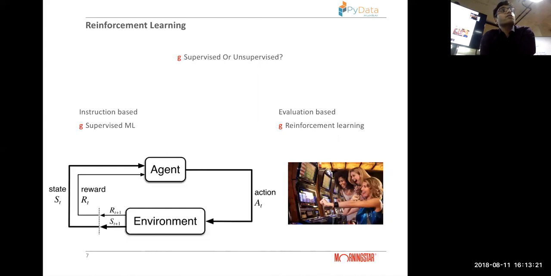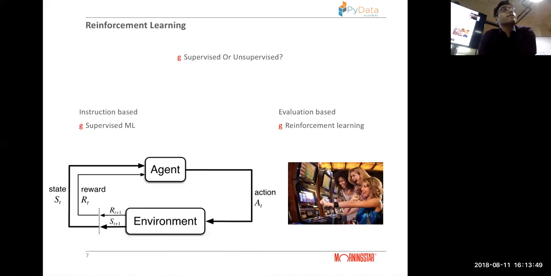In the environment, what she can see, what is observable, is that she can only look at the pattern that is coming on the slot machine, and on the action side, she can only pull the lever. She cannot do much. What's the implication of this? This is called a partially observable environment.